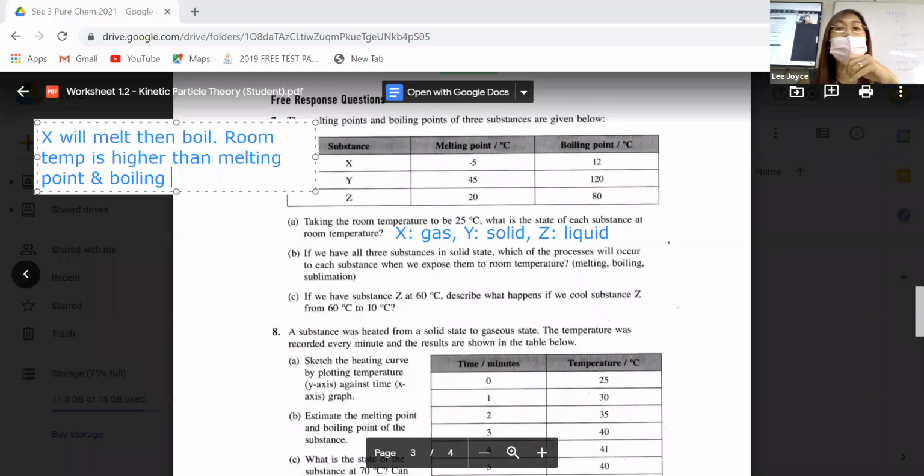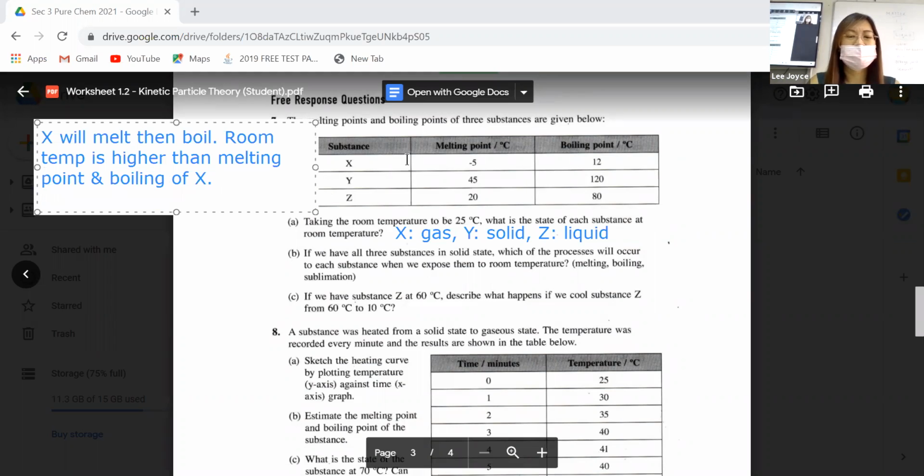But actually at 25 degrees Celsius, it's not a solid anymore. It's a gas. So assuming that it is a solid, what will be the processes that will allow them to turn into that physical state at 25 degrees Celsius? So that's why it melts and then boils, because the room temperature is much higher than the melting point and the boiling point of X. So it will therefore melt first and then boil.